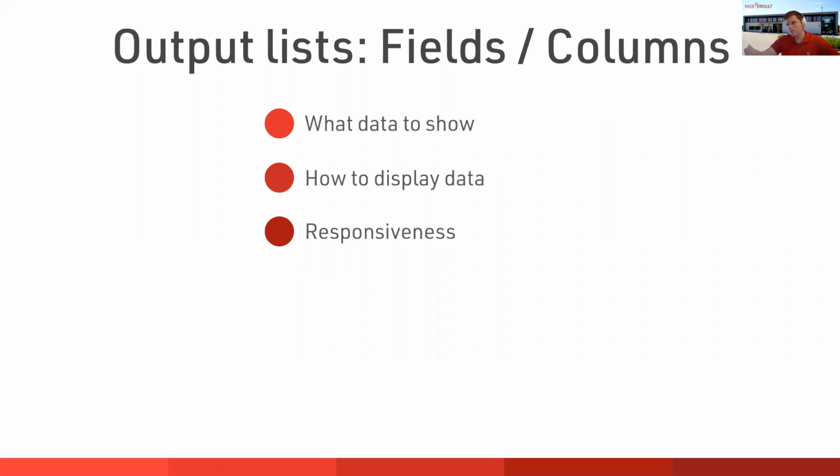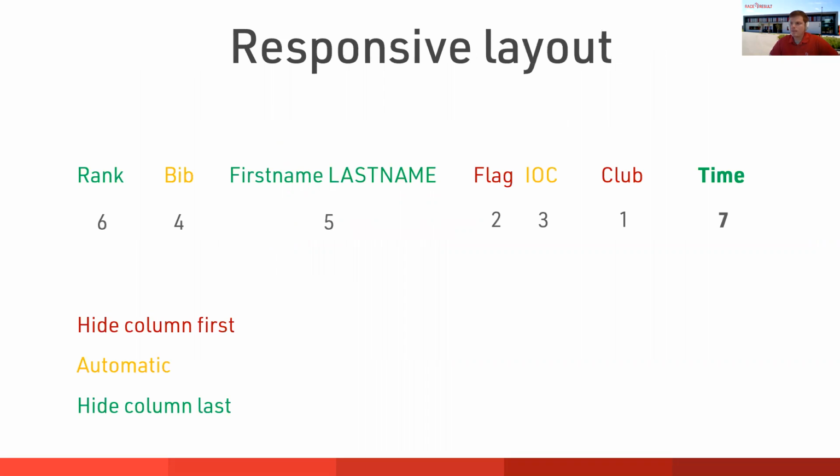So this is fields and columns, the overview: what data to show, how to display data. We talked about that. Now we look at the responsiveness. In a given list, we have a rank, a bib, a first name and last name, a flag, the IOC country code, the club name, and the final time.